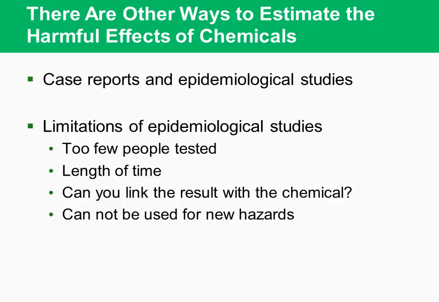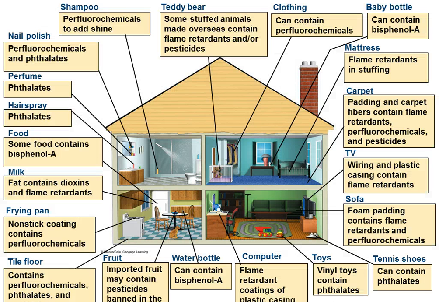And it's also very hard because when you've got people involved, you have other factors, other variables at play. It's very difficult with toxicology, with environmental sciences, to be able to control for everything. And you can't use it for new hazards. We can't just develop a new product and say, well, let's go test it on some people and see what happens, because that's incredibly dangerous and unethical.